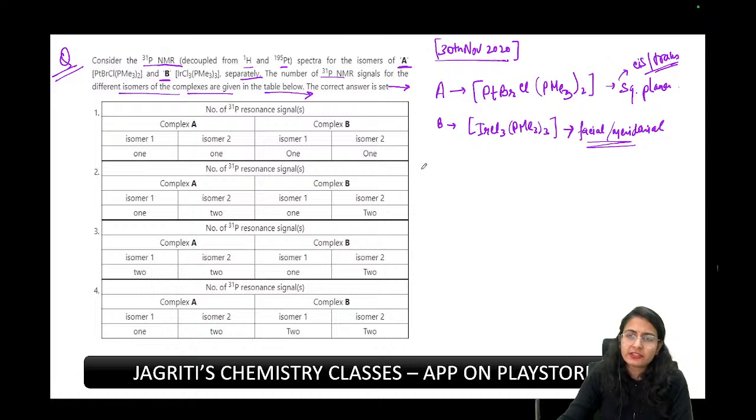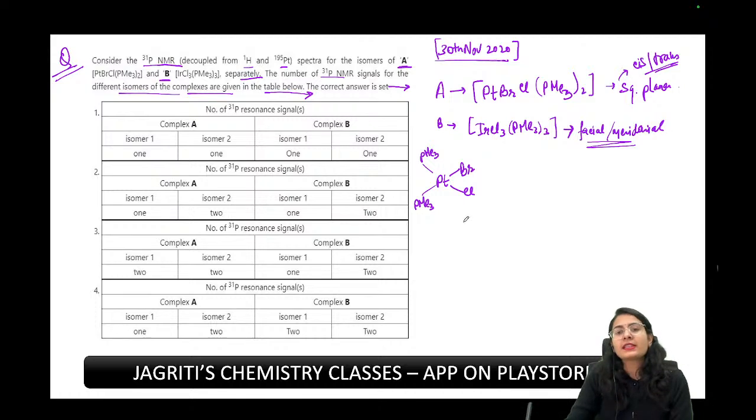Let's go to A. First of all, let's talk about A. So there is platinum, then there is a Br, this is a cis complex. Now the question is saying decoupled from the proton, meaning these methyls are not going to split this, and also decoupled from the platinum.